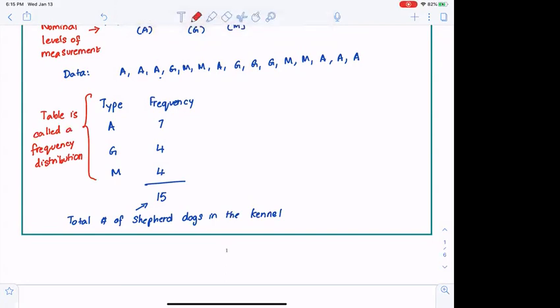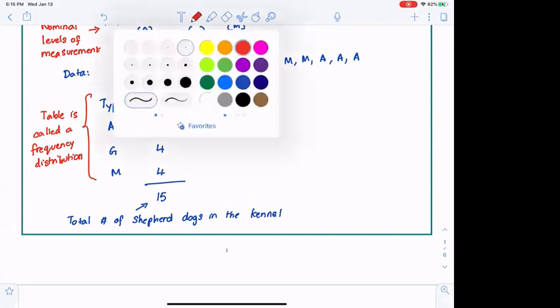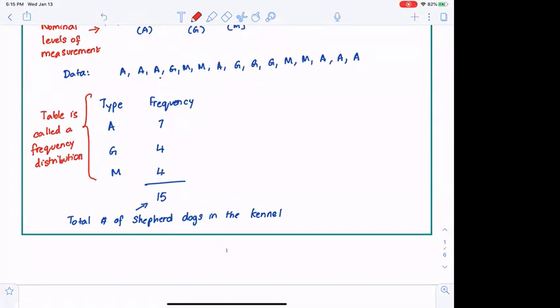So there is another distribution which is called a relative frequency distribution. It is different from the frequency distribution in the sense that we have the frequencies for each category, A, G, and M, and we take each frequency and divide it by the total number to get the relative frequency.